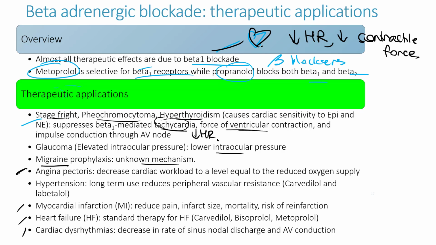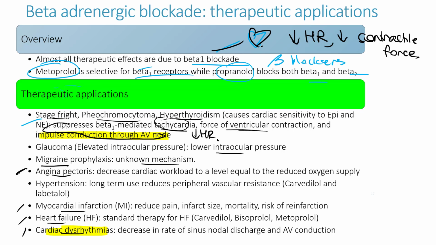So you can see here it's used to treat angina, to reduce the possibility of myocardial infarction, to manage heart failure, and to treat cardiac dysrhythmias, because it decreases impulse conduction through the AV node, right?